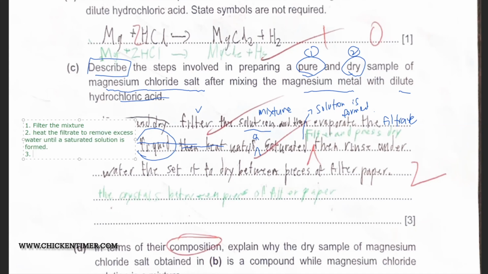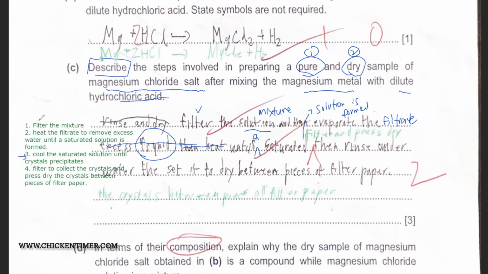After your saturated solution is formed, you need to cool the saturated solution until crystals precipitate. Then you filter and press dry to collect the crystals. You are missing this one, so you must take note of that.